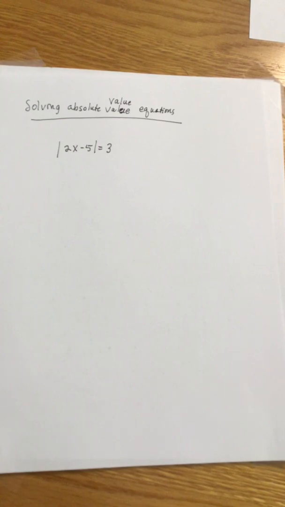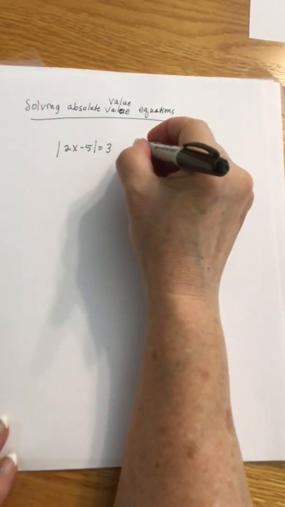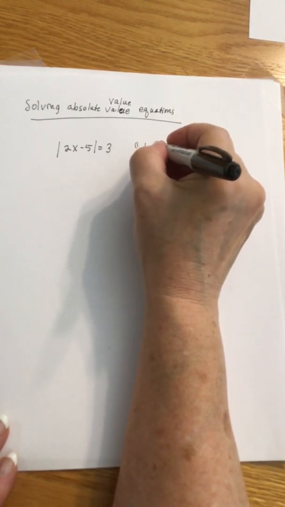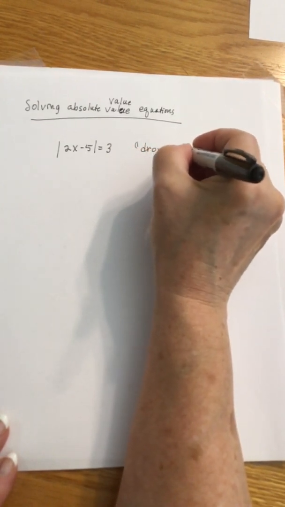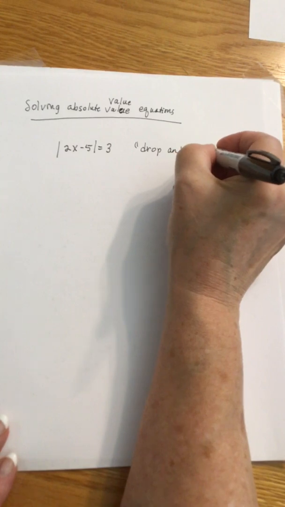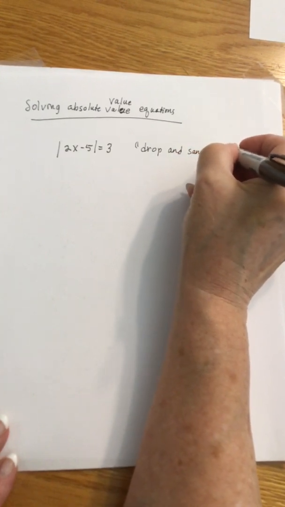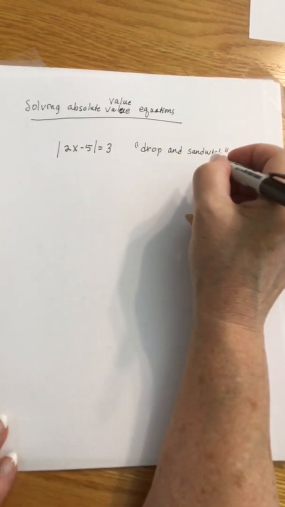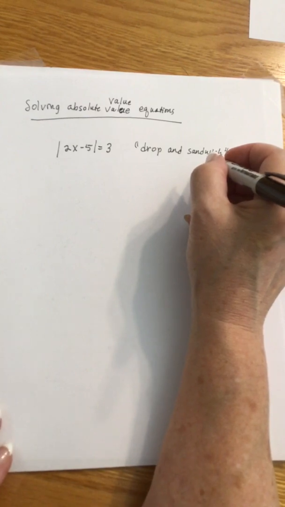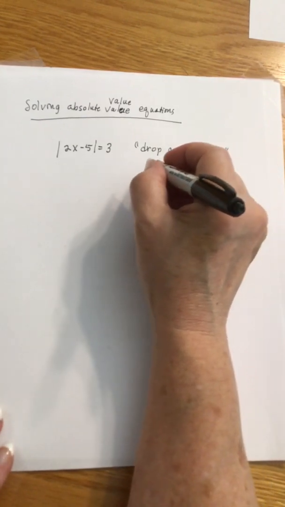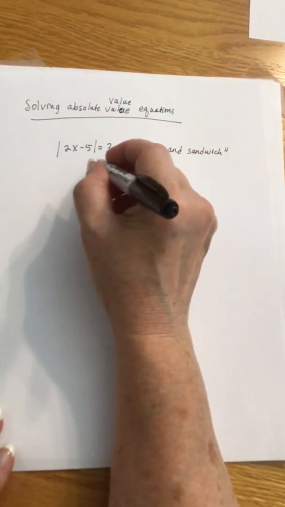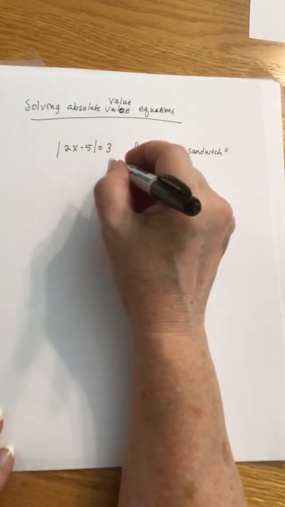So the easiest way on this one is to use a funny saying to help you remember. We're going to use a saying that says drop and sandwich. Drop and sandwich is a method of solving an absolute value equation. So the first thing we're going to do is isolate the absolute value.